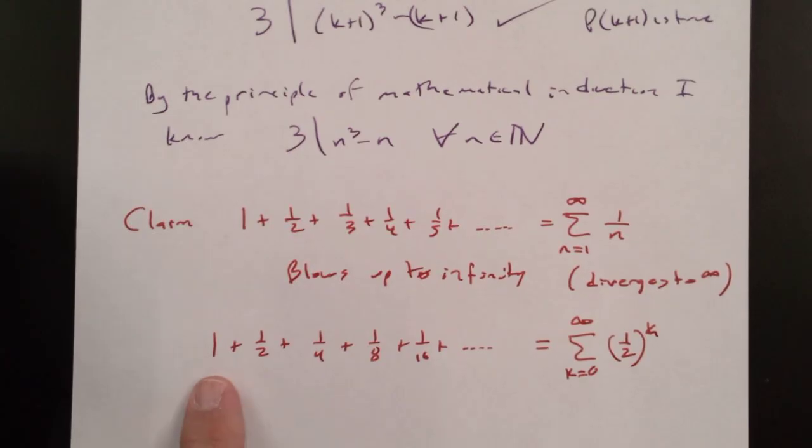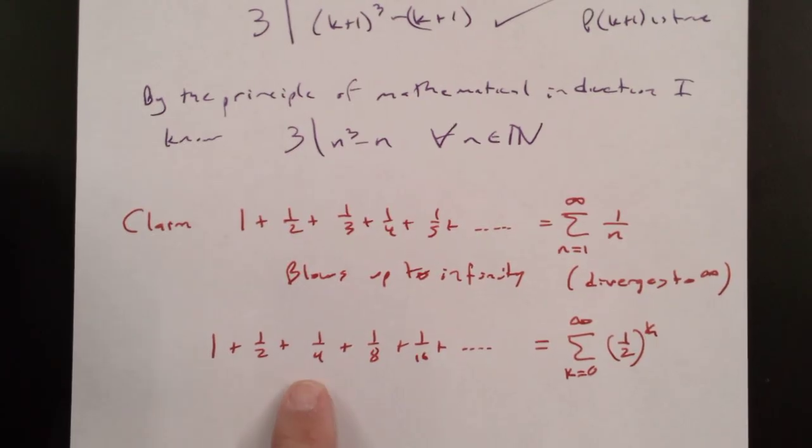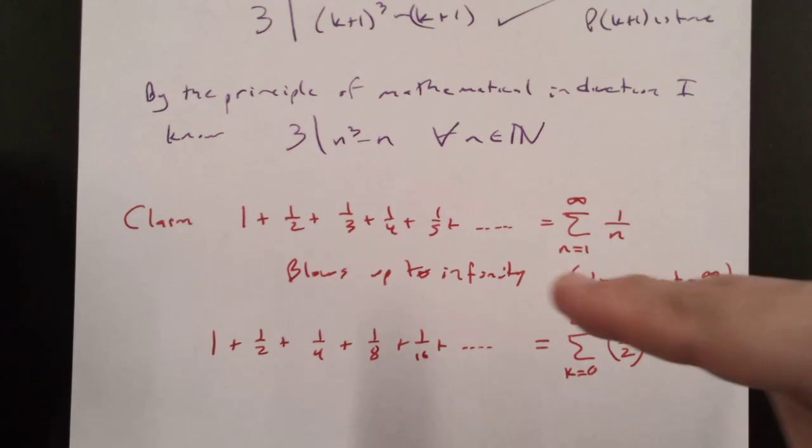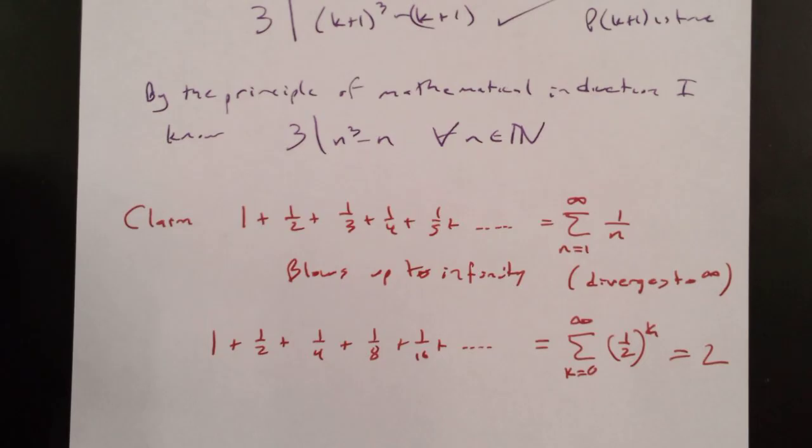Because this is 1/2 to the 0th power, 1/2 to the 1st power, 1/2 to the 2nd power, 1/2 to the 3rd power, 1/2 to the 4th power. That's 2. The fact that some of you are looking at that and going, uh-huh, and some of you are looking at that and going, what the hell, is absolute music to my eyeballs. Thank you. How do I show that this adds up and this one doesn't?